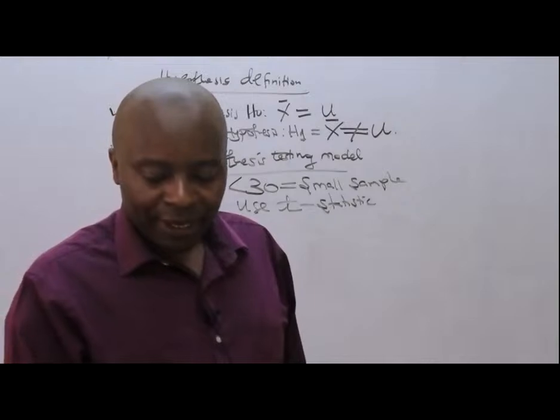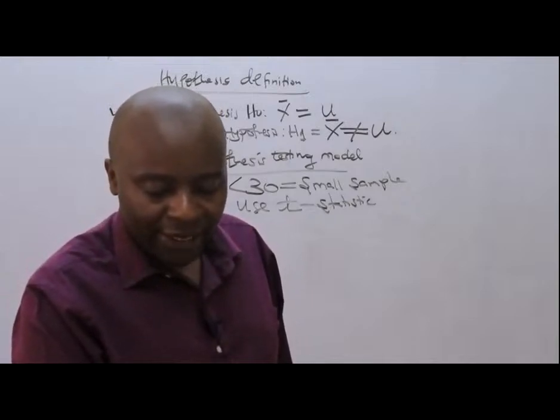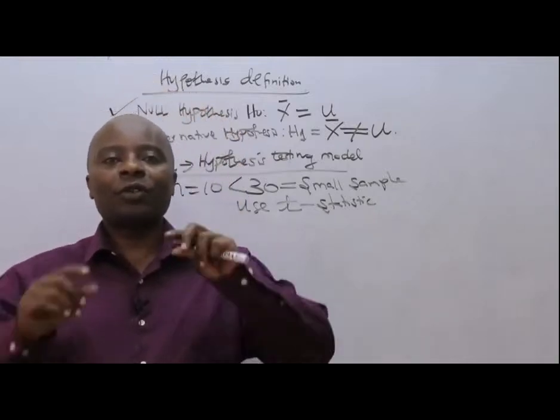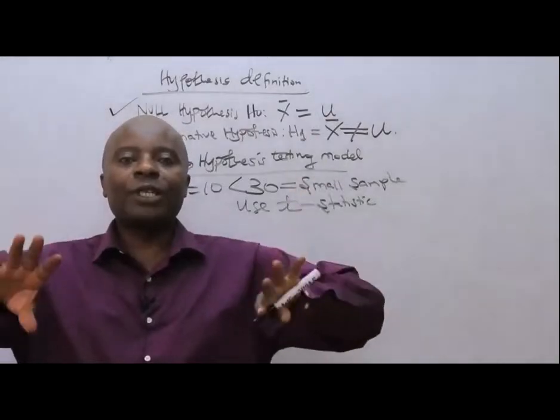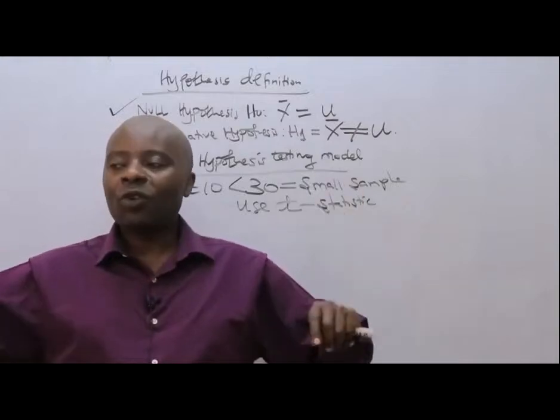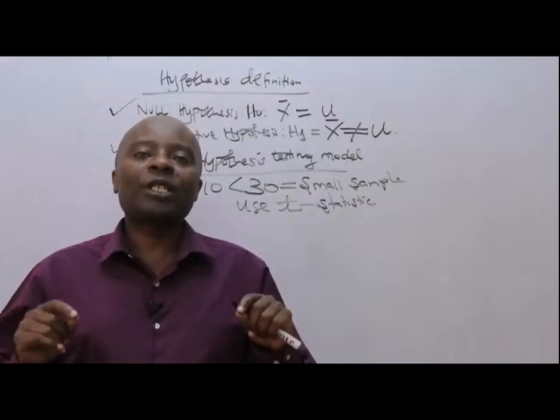Now, ladies and gentlemen, this examiner has not given us the level of significance. Remember, in most cases, the level of significance, at what level is the figure significant, will always be given. If the level of significance is not given, you assume it yourself.